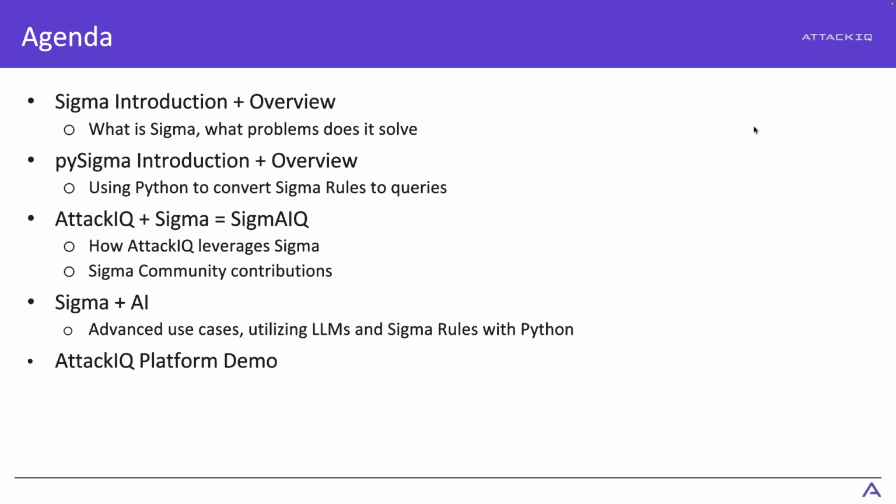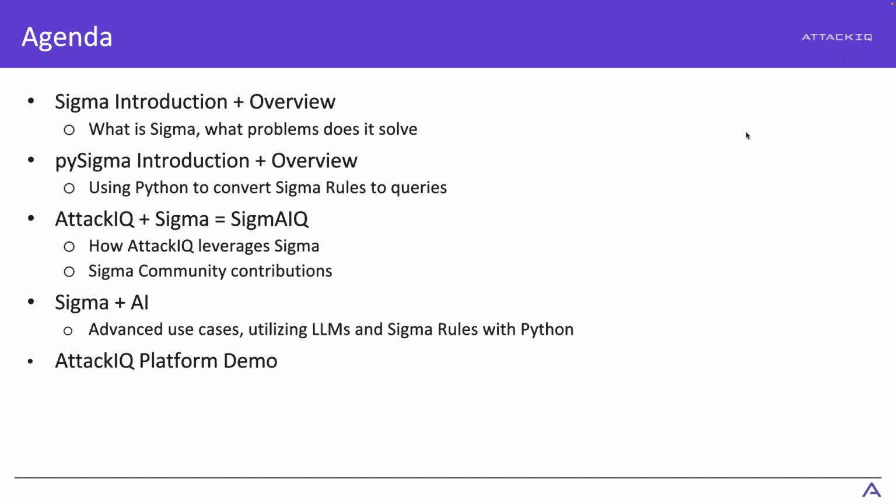We'll also go over some advanced use cases with LLMs and chatbots with Sigma rules, something that we have in our open source repository, which I'll mention later. And then Joe will finish it up with a demo in the AttackIQ platform, focusing on how we've integrated Sigma into the platform.